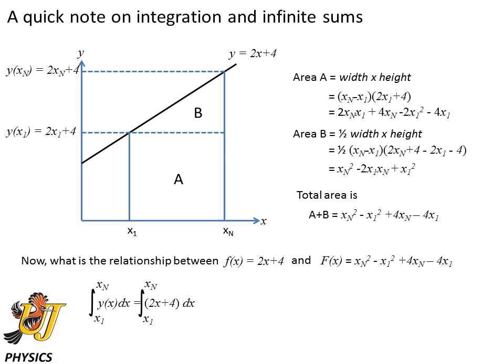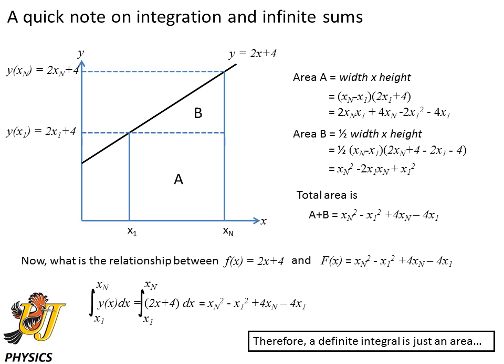If I calculate the definite integral of 2x plus 4 between x1 and xn, the expression that I get is exactly the same as the area underneath the straight line between x1 and xn that we have calculated above. Therefore, the definite integral of a function is just equal to the area underneath that function bounded by the two values at the beginning and the end of the definite integral.